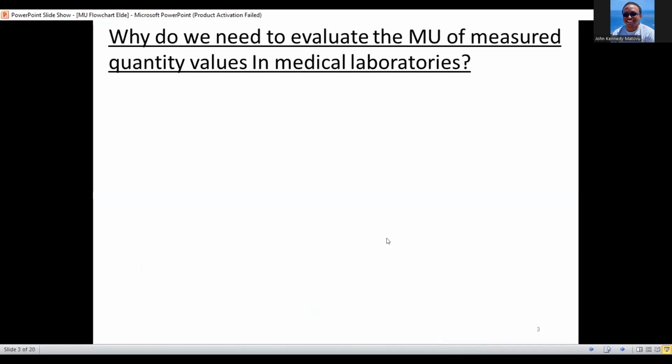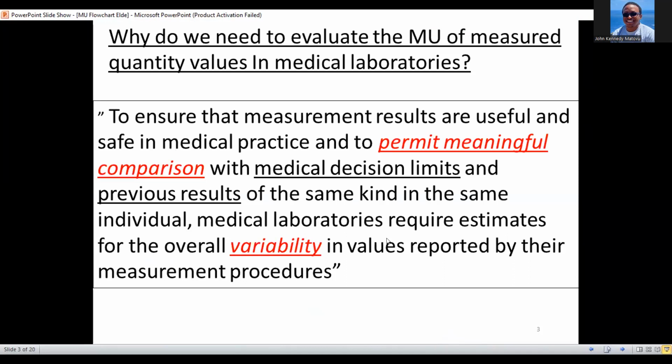So just leveling the field. Why do we need to estimate MU? All right. So here's the big picture reason coming from the ISO TS 20914, and I quote, to ensure the measurement results are useful and safe in medical practice. And not only that, to permit meaningful comparison. What are we comparing here?